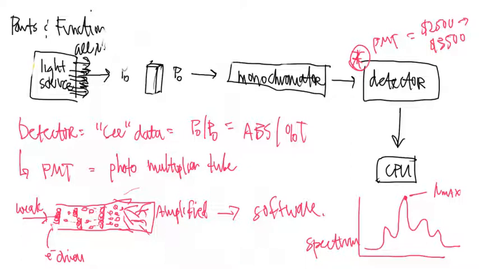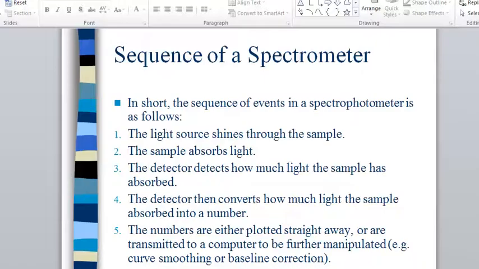It's that lambda max that I will use to run and analyze all of my samples and standards, because that's the most sensitive area, and that's the area it's tuned to absorb the most light in. Okay? So that's the sequence of a spectrometer.